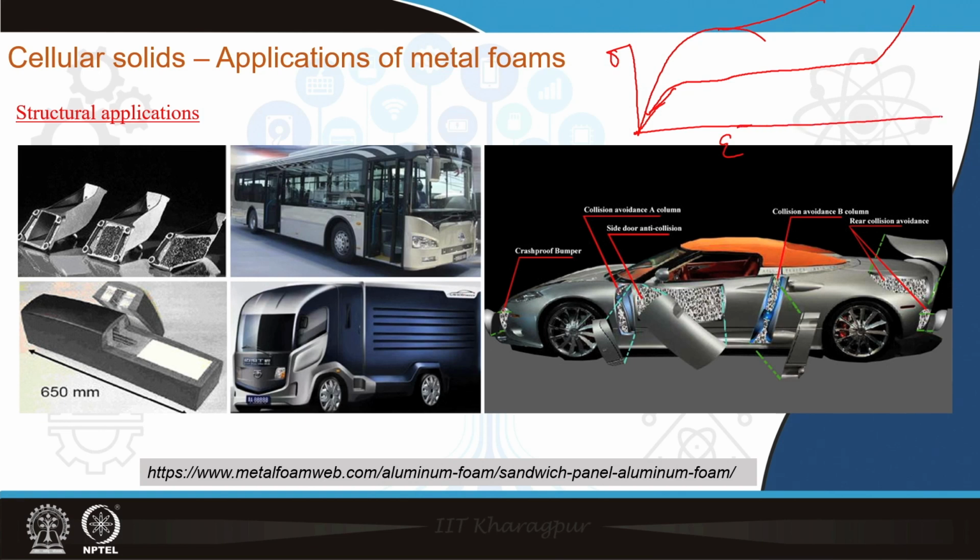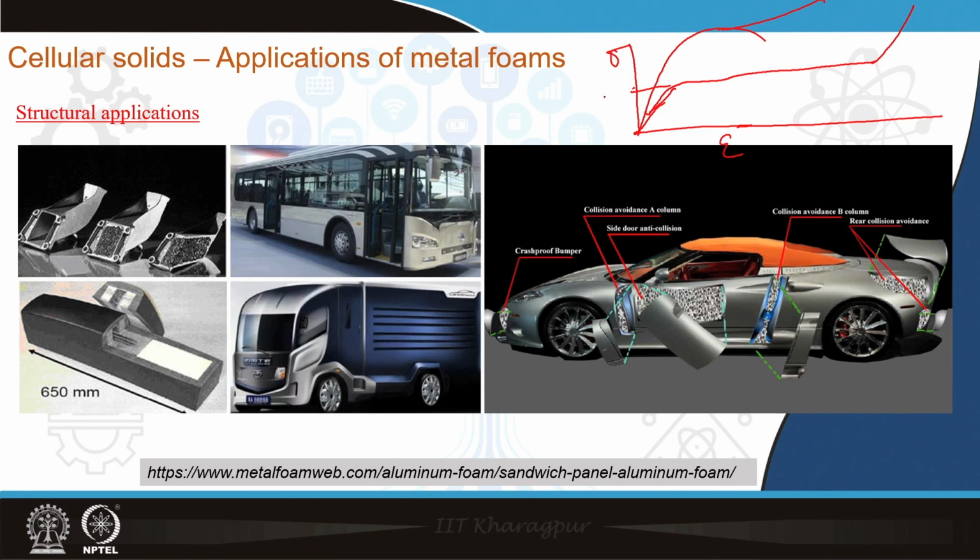The idea now is why such a material is very good for crash protection applications. For any stress, like for this stress, as you know, the area under the stress strain plot is the energy absorbed.